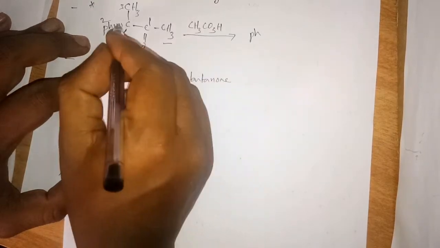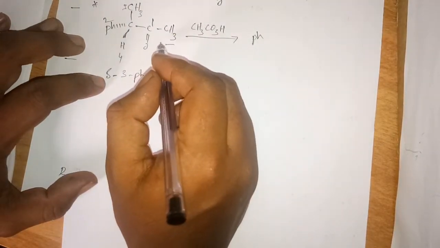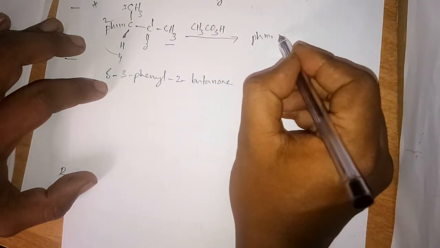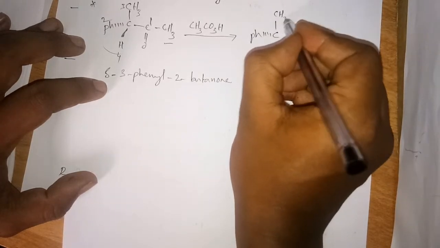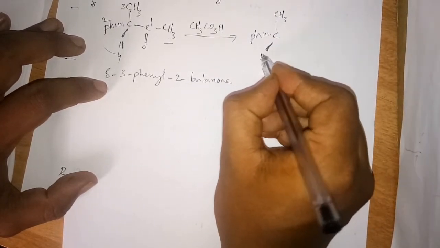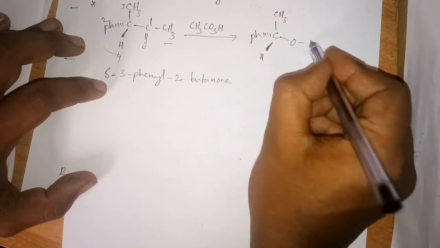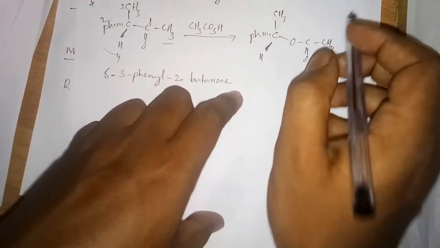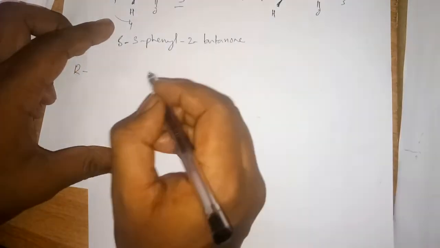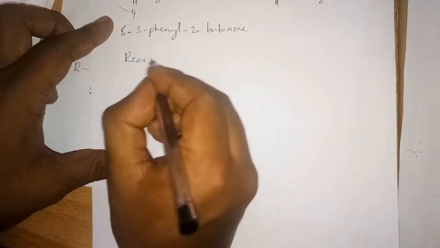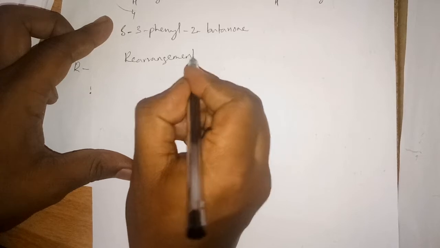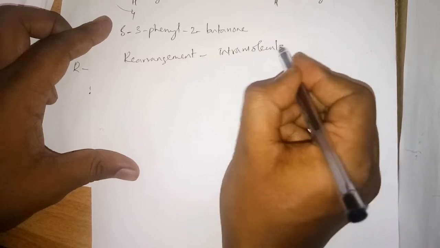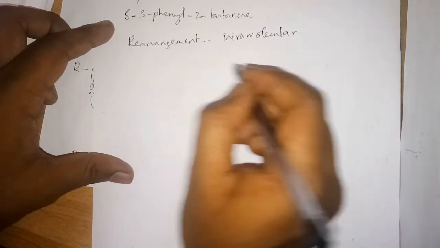During the course of the rearrangement, the stereochemistry of the reactant molecule will be retained. Compared to the methyl group, this group is more electron rich, since it contains a phenyl group as well as a CH3 group. Therefore this group migrates to the electron deficient oxygen with retention of stereochemistry. That suggests the rearrangement is intramolecular.